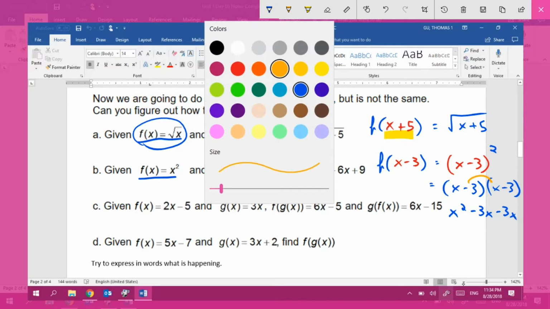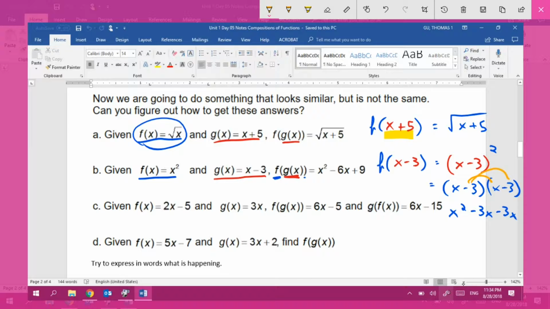And then lastly, we've got negative 3 times negative 3, which is positive 9, so plus 9. And so if we combine our like terms, we would see that this is the same as x squared minus 6x plus 9, which is what this right here is. We got the exact same thing.